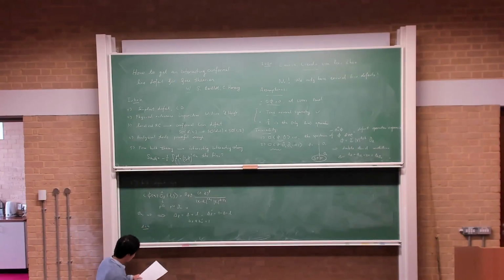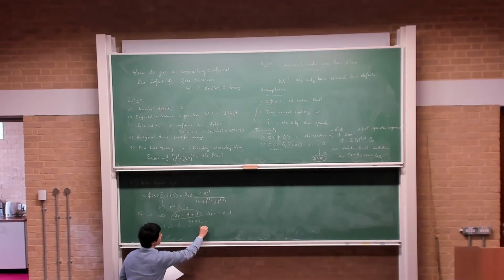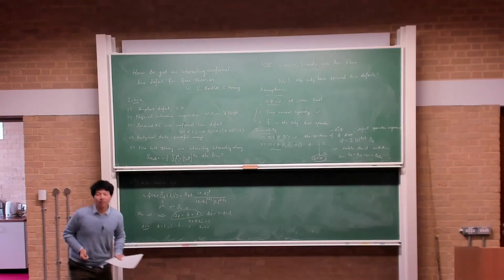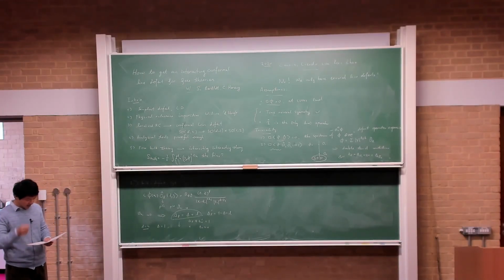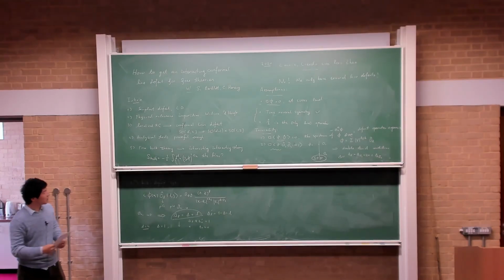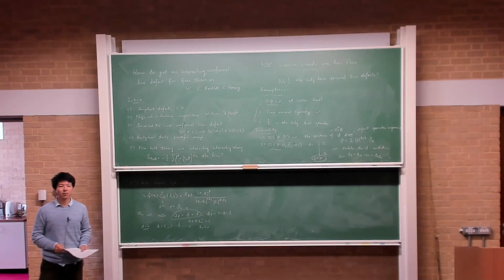So in d equals 4, we actually have the bulk scalar dimension to be 1. And then for a unitary theory, we should have this solution plus a solution that has 0 dimension. That's what we can learn from the bulk defect two-point function by imposing the equation of motion.